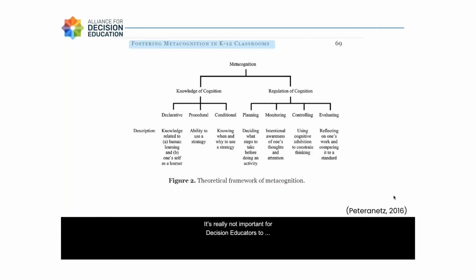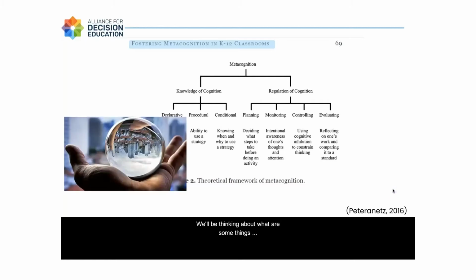It's really not important for decision educators to understand all the theoretical frameworks around metacognition. We recognize that it's a complex concept, but in this lesson, we'll be just touching upon an overview, and we'll be focusing on three things specifically.